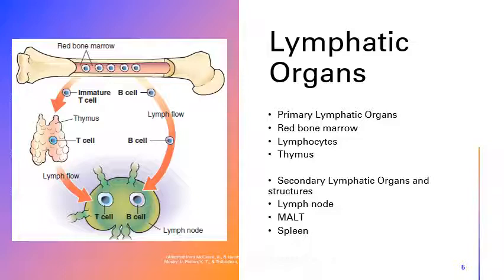There is also a secondary structure that is a type of tissue. So this is the MALT, mucosa-associated lymphoid tissue, and this is in different areas of our body. So it's along our respiratory and our gastrointestinal tract. On the top of 658, we have a couple of them listed out.